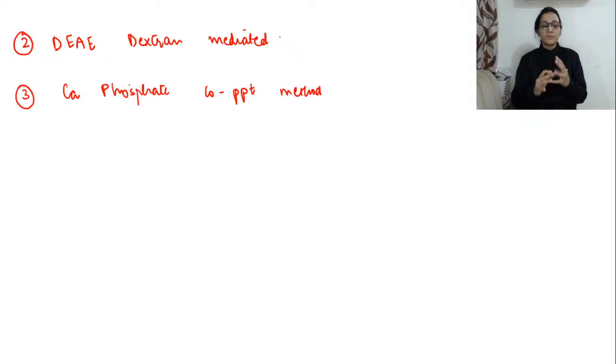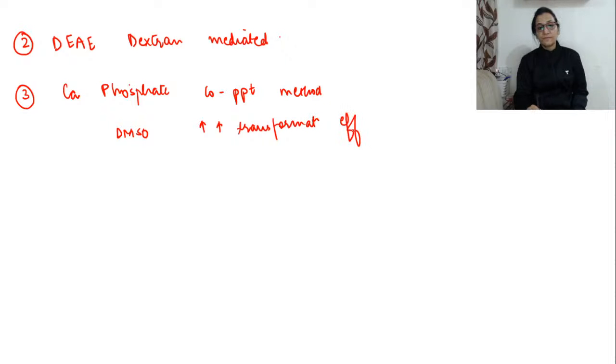The success of this method is dependent on the high concentration of DNA and the protection of the complex precipitate. Addition of dimethyl sulfoxide actually increases the transformation efficiency.